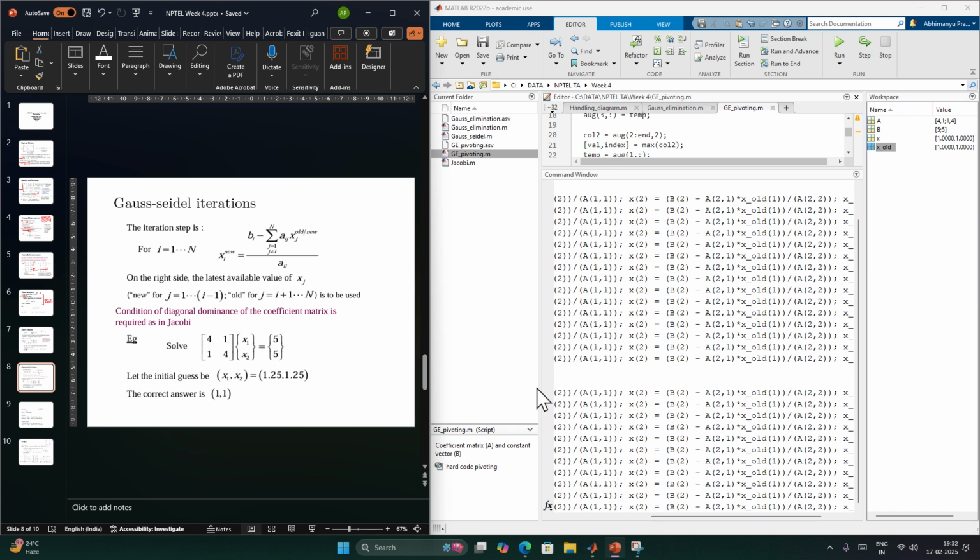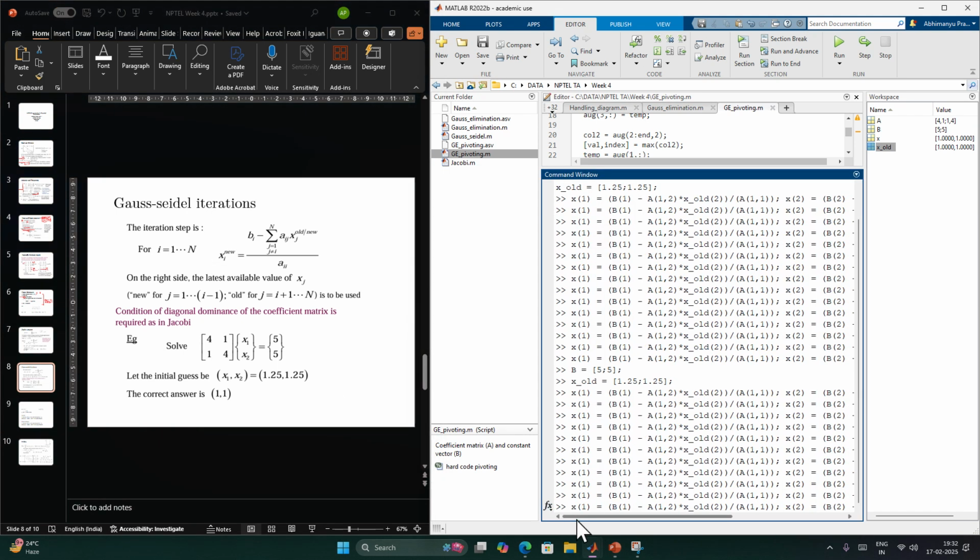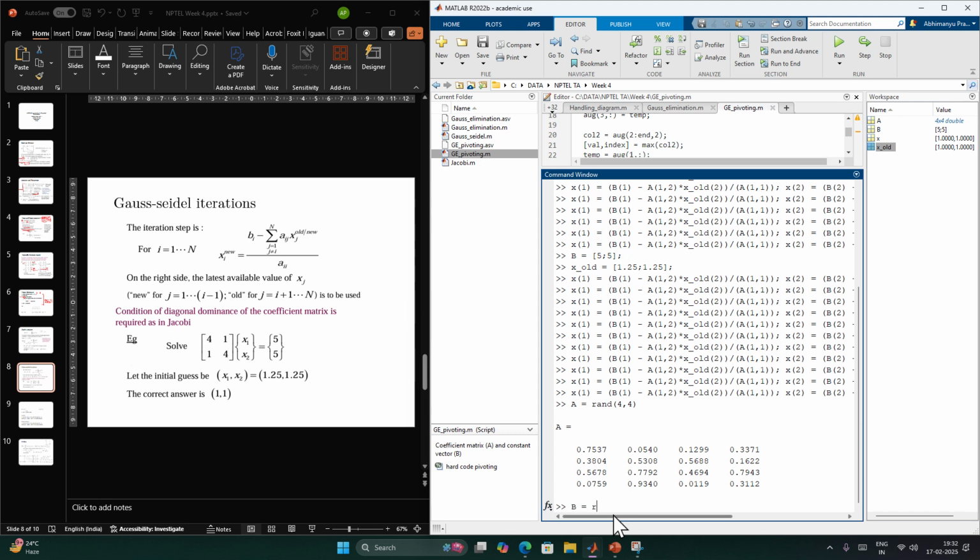So if I have a 4 cross 4 matrix, right? So for the update of the first one, how do I mark? Okay, I think I cannot.